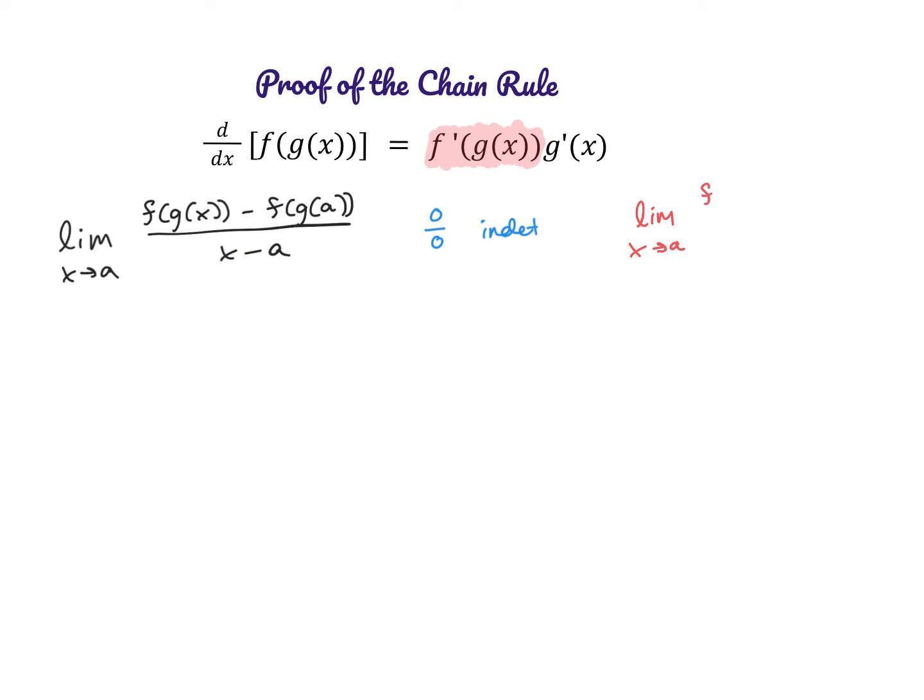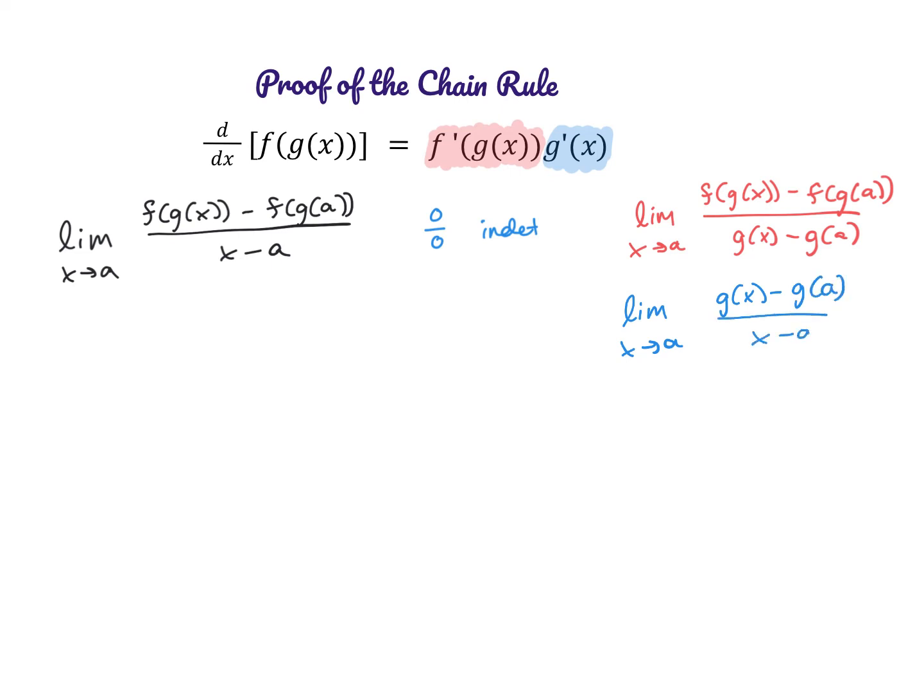Ideally, it would become f of g of x minus f of g of a all over g of x minus g of a, right? Change in y over change in x. And then in an ideal world, this portion would look like this: the limit as x approaches a of g of x minus g of a over x minus a.